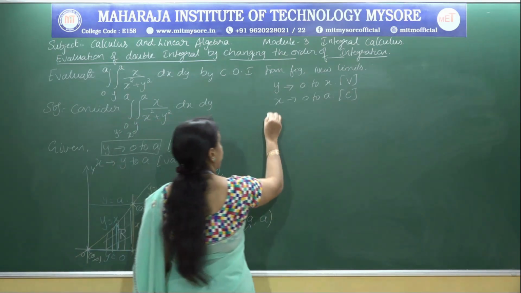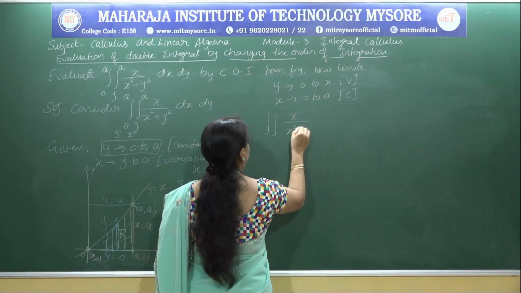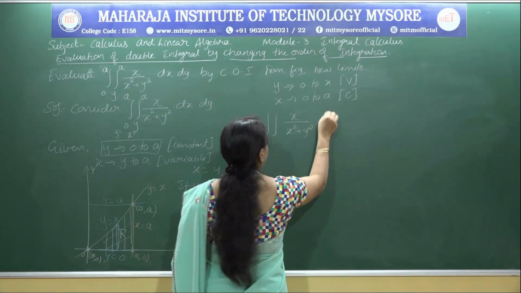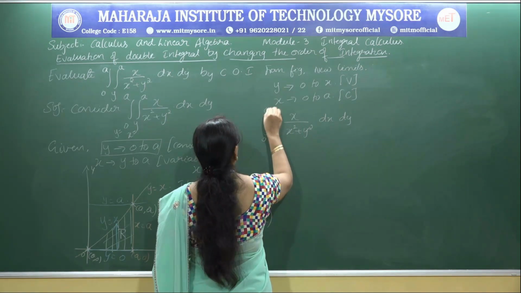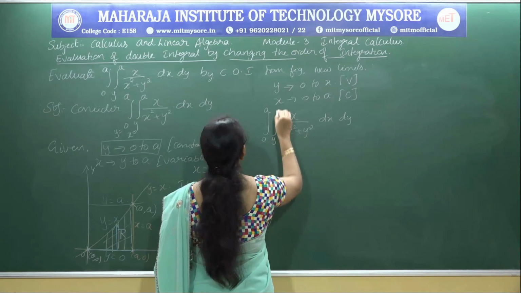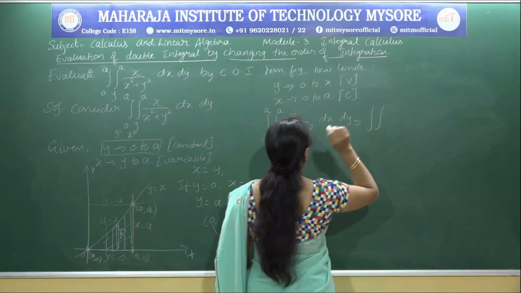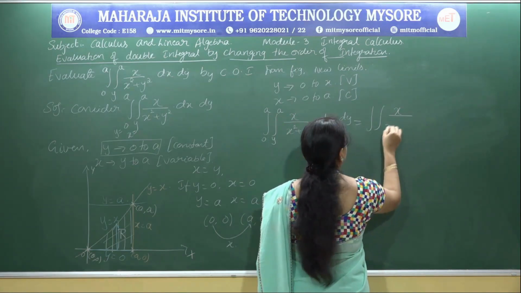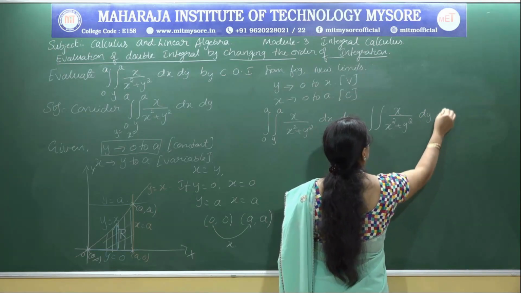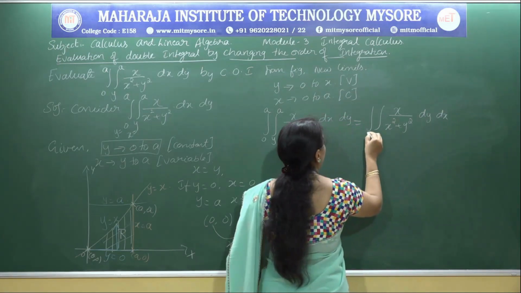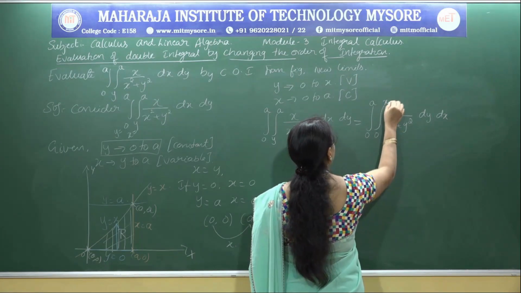Now, consider the given double integral of x by x square plus y square dx dy, where the outer integral is 0 to a and the inner integral is y to a. That will be changed to the double integral of x by x square plus y square dy dx, where the outer integral is 0 to a and the inner integral is 0 to x.